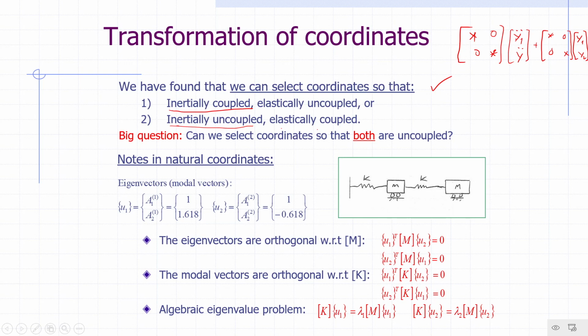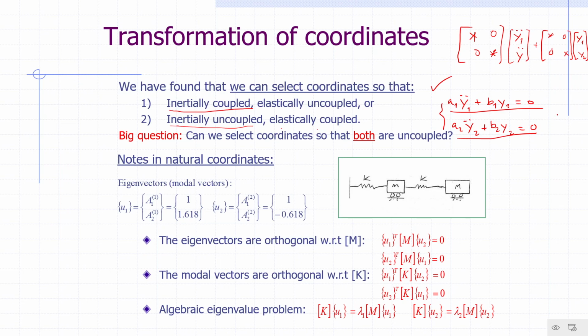In this way, it's easier to find a solution, right? You can just say a1 y1 double dot plus b1 y1 equal to 0, and a2 y2 double dot plus b2 y2 equal to 0. So you can independently solve the equations.